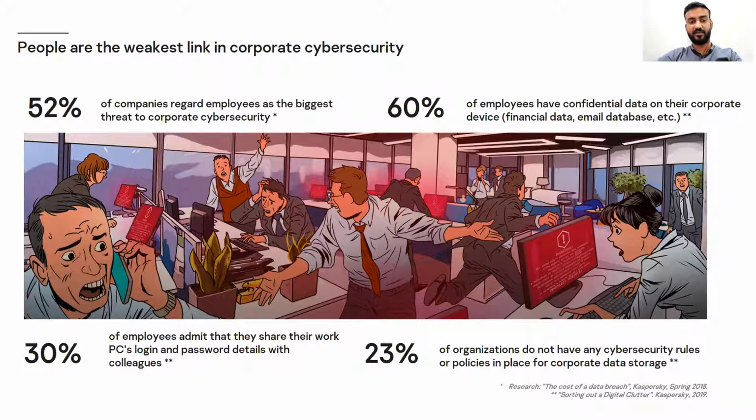I'm pretty sure that we have heard over 1 million times that people are the weakest link in the security chain. And this is still true. An organization can build a very sophisticated, very advanced perimeter defense to protect against advanced malware and threats.